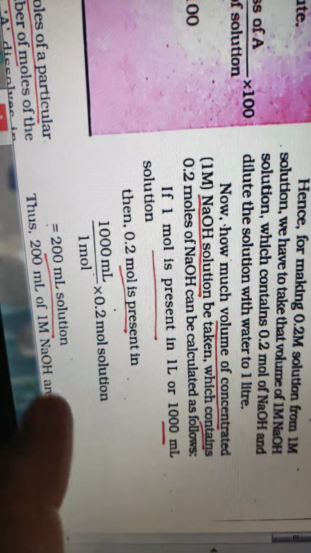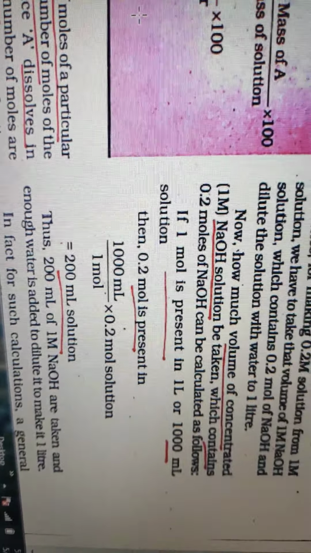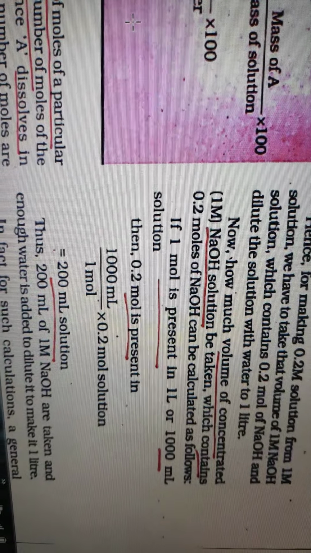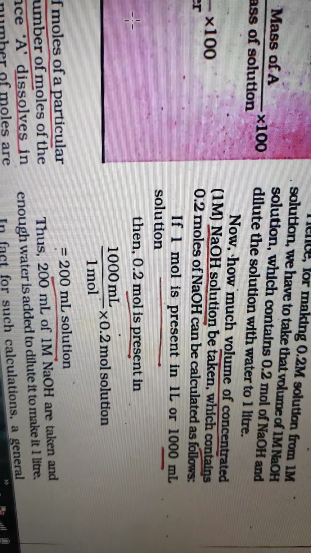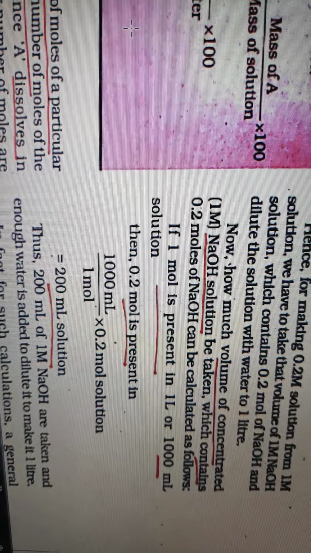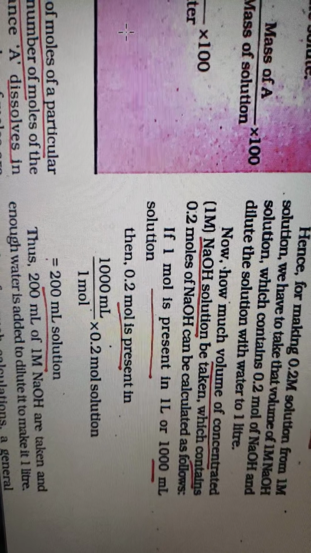So what will be the volume? 200 ml solution. It means 200 ml should be taken out from the 1 M NaOH solution, and then add enough water to make it 1 liter, and that solution will be considered as 0.2 M solution of NaOH.